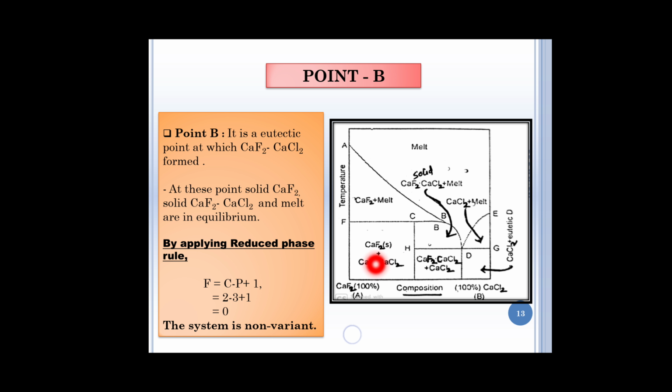Means, after application of the reduced phase rule, here in this case, F is equal to C minus P plus 1. This is the formula for the reduced phase rule. If we put the values of C and P in this reduced phase rule, then we'll get the value of F is equal to 0. As F is equal to 0, the system is non-variant.